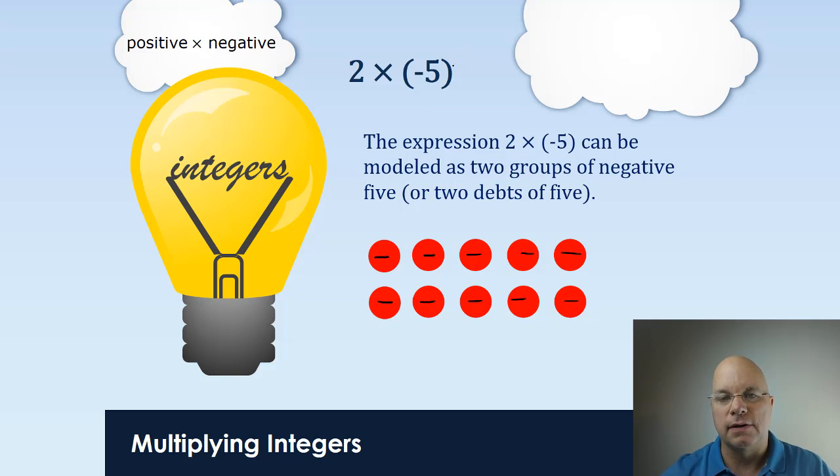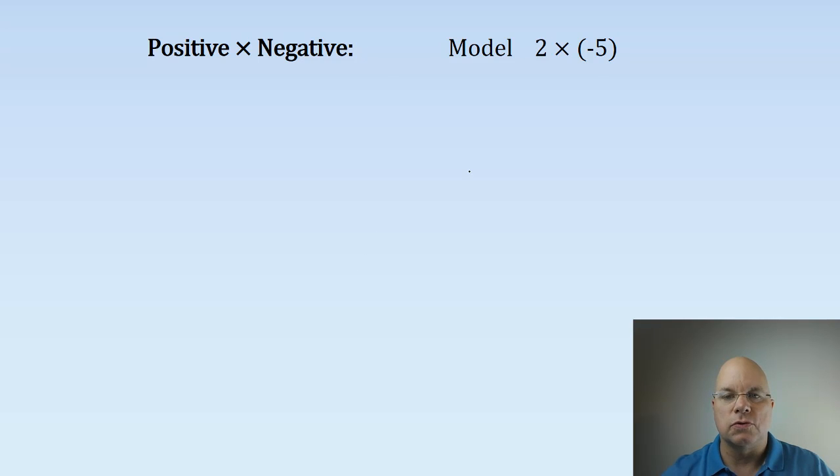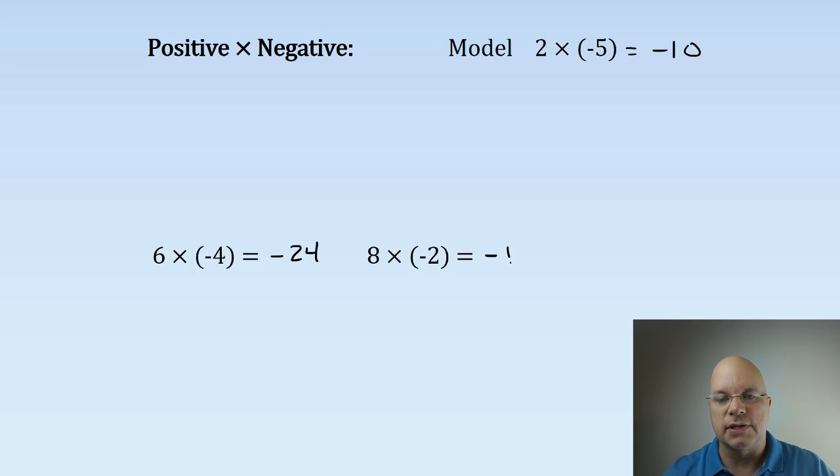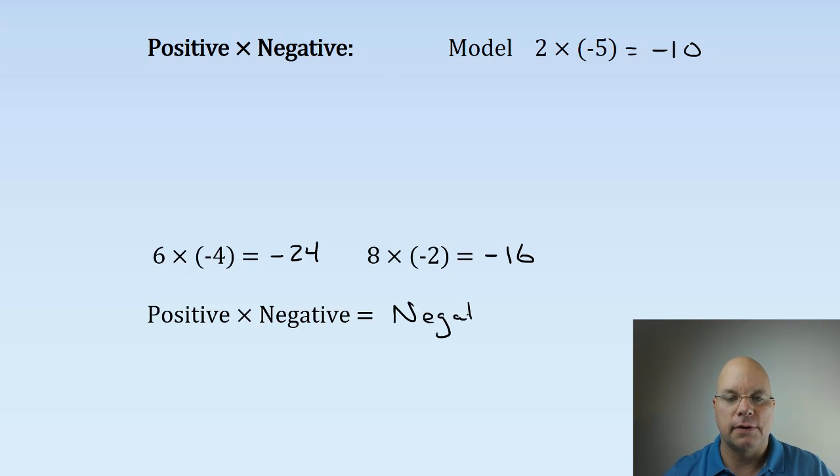I have negative 10. So 2 multiplied by negative 5 is negative 10. 6 multiplied by negative 4 is negative 24. 8 multiplied by negative 2 is negative 16. So positive multiplied by negative is a negative.